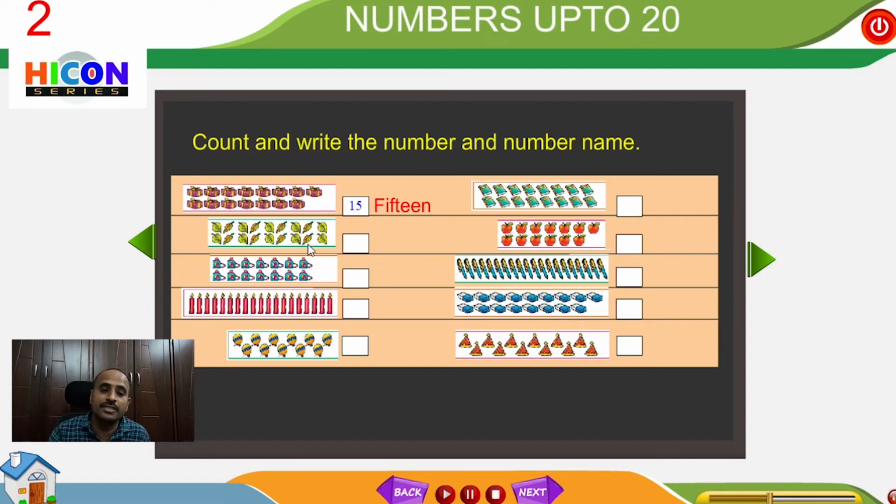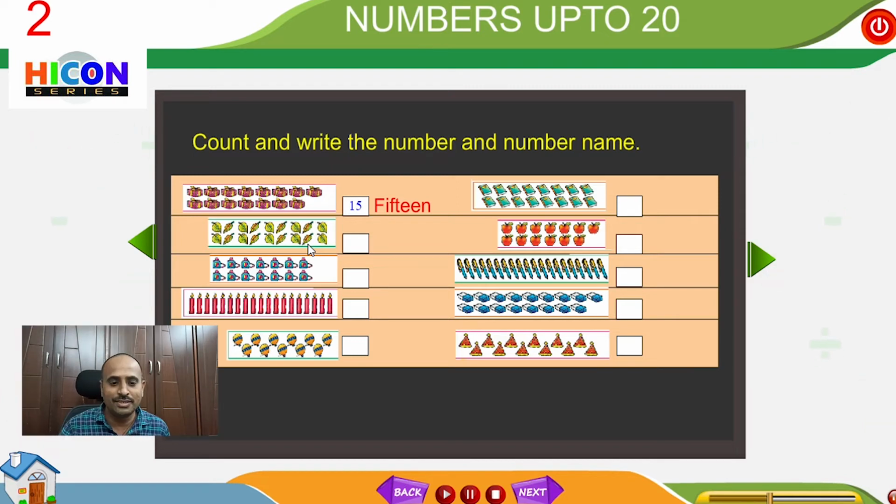So children, see the second set of pictures. In the second set of pictures, you are observing some leaves. So let us count the number of leaves. 1, 2, 3, 4, 5, 6, 7, 8, 9, 10, 11, 12, 13, 14, 15, 16, 17, 18.